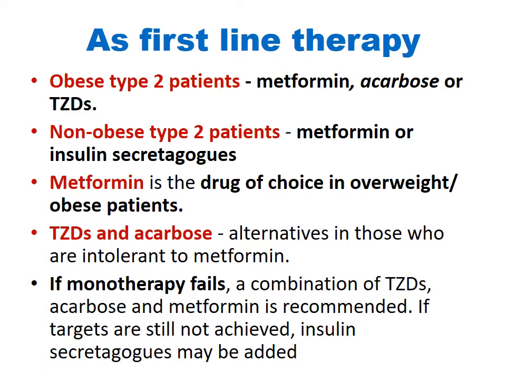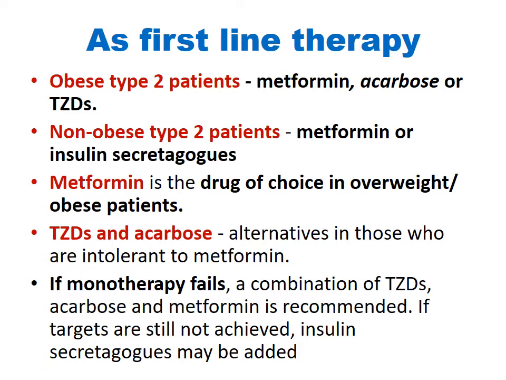Non-obese type 2 diabetes usually started with metformin or drugs that stimulate insulin secretion, such as sulfonylurea. Metformin is the drug of choice in overweight or obese patient because it tends to control or reduce the body weight. Thiazolidinediones and acarbose can be used as alternative to metformin in patients who cannot take the metformin.